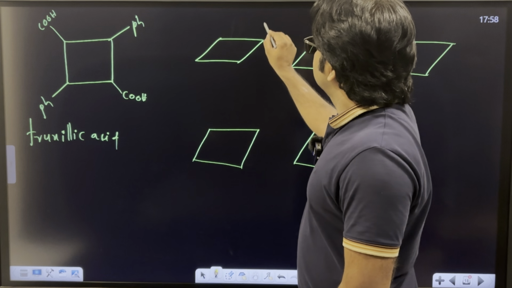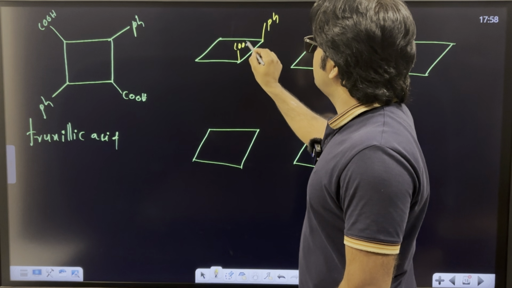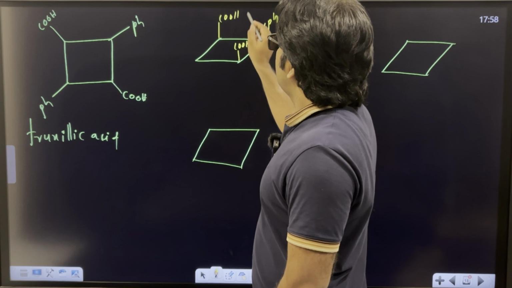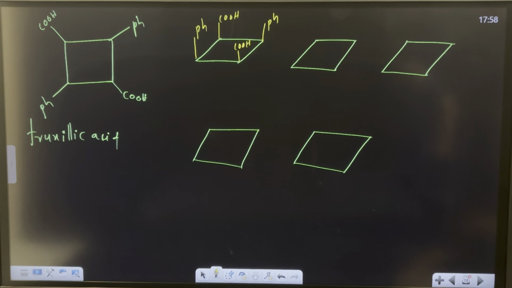First I am taking phenyl above the plane, COOH above, again COOH above, and this phenyl also above. This is my first possible arrangement. According to the given molecule, I am taking all 4 groups above.